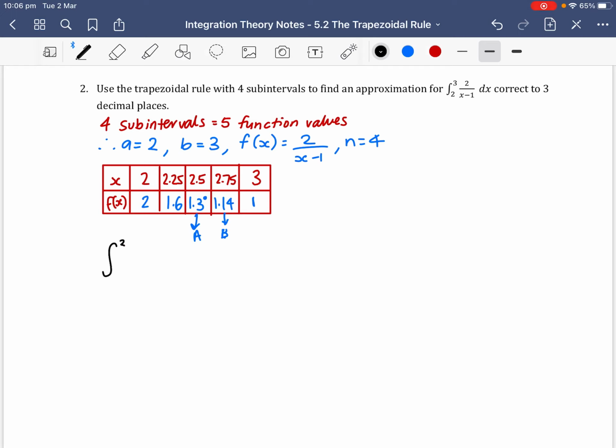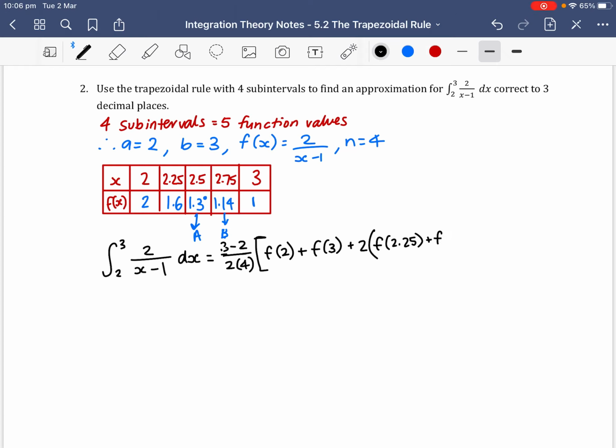So if we look at our trapezoidal rule now, the integral from 2 to 3 of 2 over x minus 1 dx, what we get is b minus a, so 3 minus 2, over 2 lots of n, which is 4, multiplied by our first, so function of our first, plus our last, plus 2 lots of everything else.